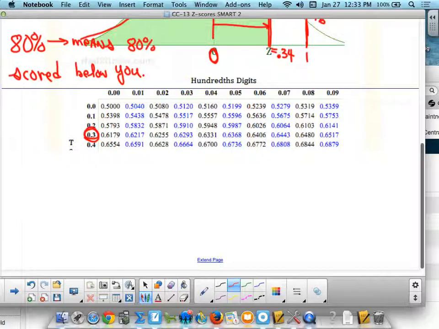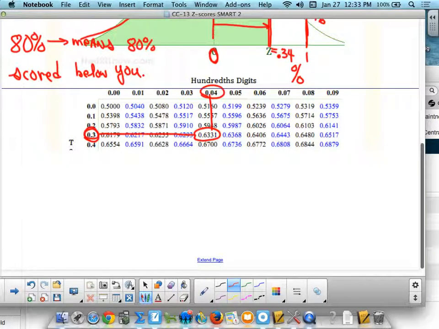Not 3.4. 0.04. If you add 0.3 to 0.04, you get 0.34. So what does that come down to? Right here. Is that what you're getting? So your z-score of 0.34 equates to what percent?